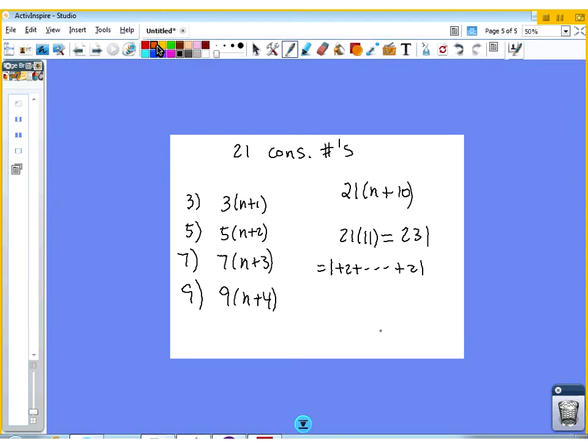So if I wanted to write 4 consecutive numbers, should I say that it has to look like 4 times n plus something?